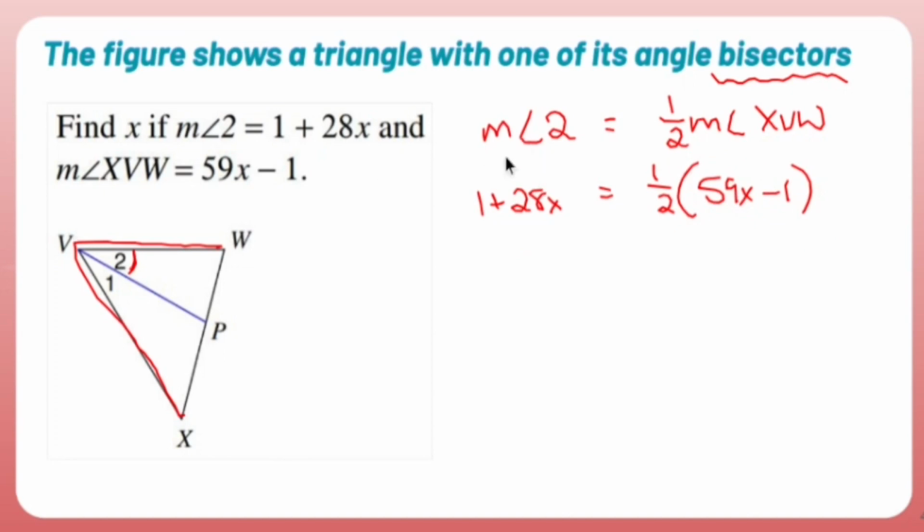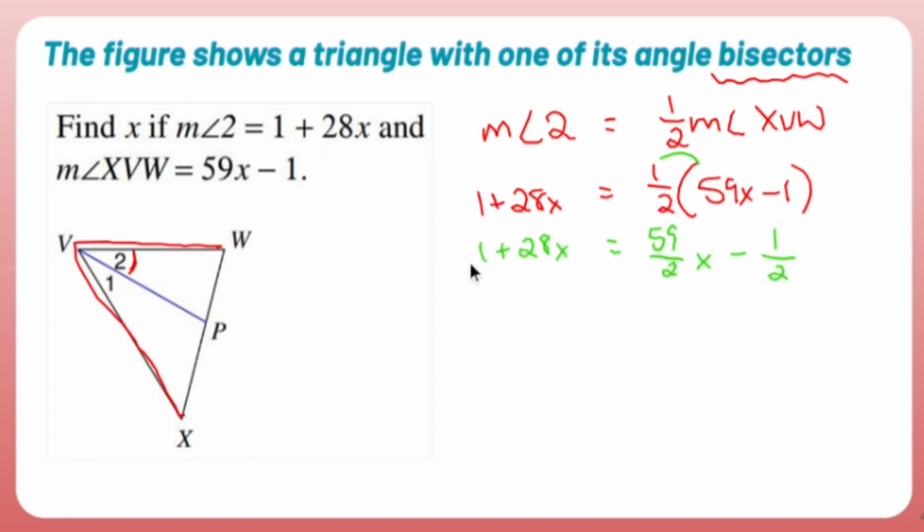Now, the other way I could set this up is to say that angle XVW equals 2 times the measure of angle 2. Either way, you'll get the same answer. I've already committed, so 1 plus 28x hasn't changed. I'm going to multiply 1 half by 59x minus 1, which gives 59 over 2 x minus a half.